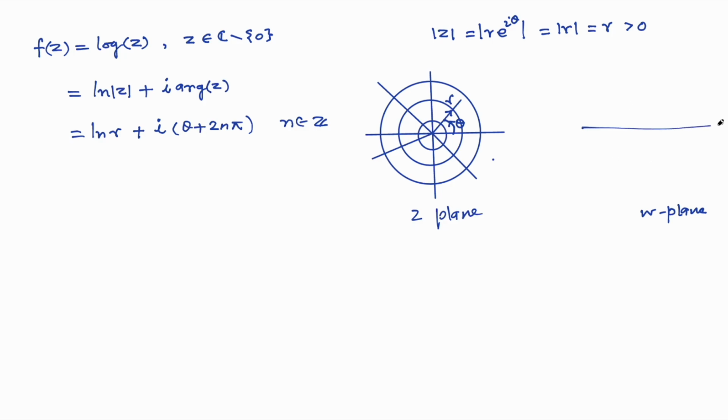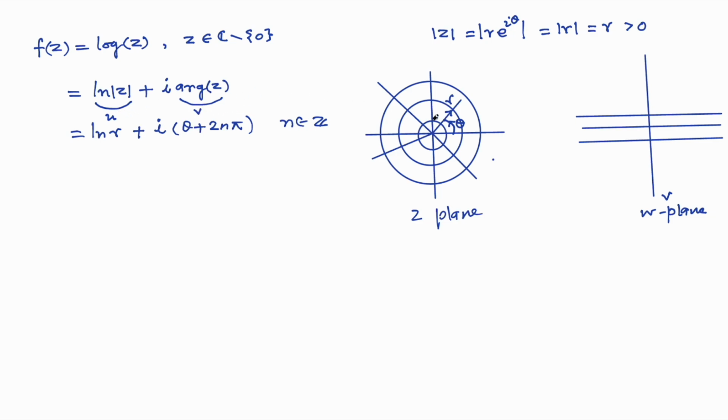So in that case, if you have u and v, what happens here is, for theta, let's say theta equal to 0 and theta equal to this, because ln r will be the u and the argument of z will be your v, right?